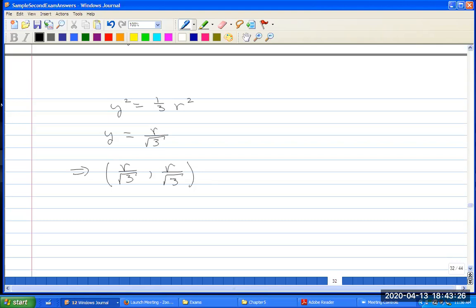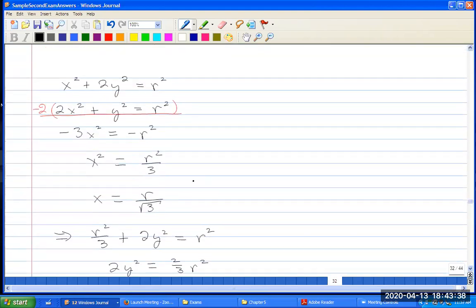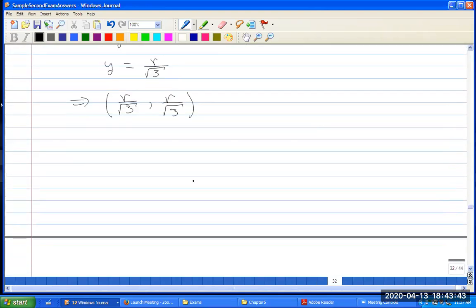So this is where the gradient is 0. Since this is where the gradient is 0, I can actually use the second derivative test. So now let's use the second derivative test. In order to use the second derivative test, I'm going to have to look at the Hessian.